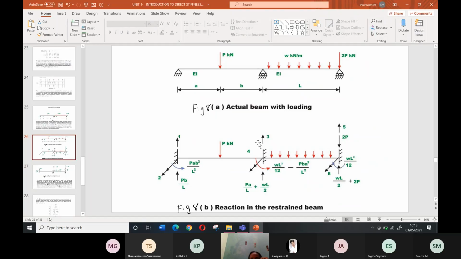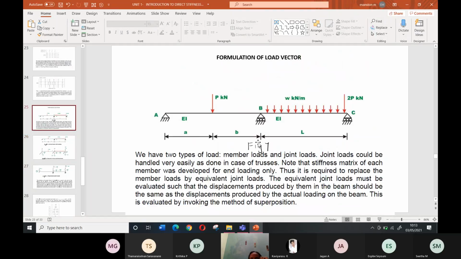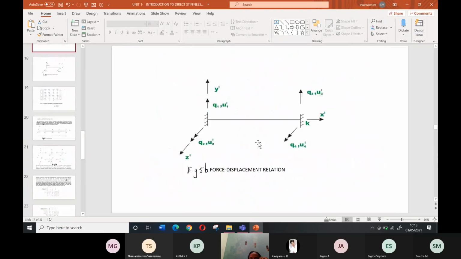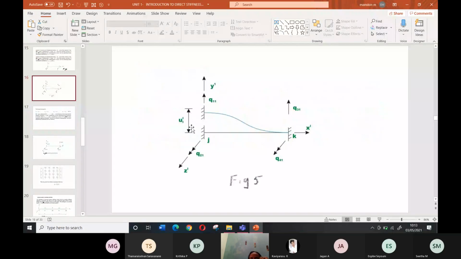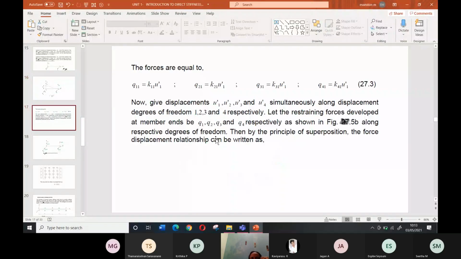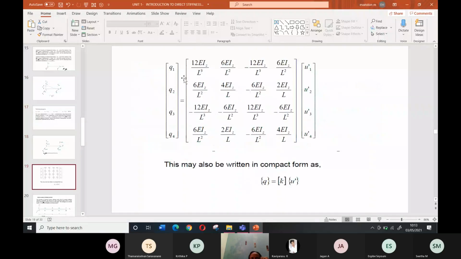This is one thing. And suppose I give the unit rotations and unit displacement at the end of a fixed beam, and I ask you to find out the stiffness matrix, then what is the stiffness matrix for this one? The stiffness matrix is this column, the first column.